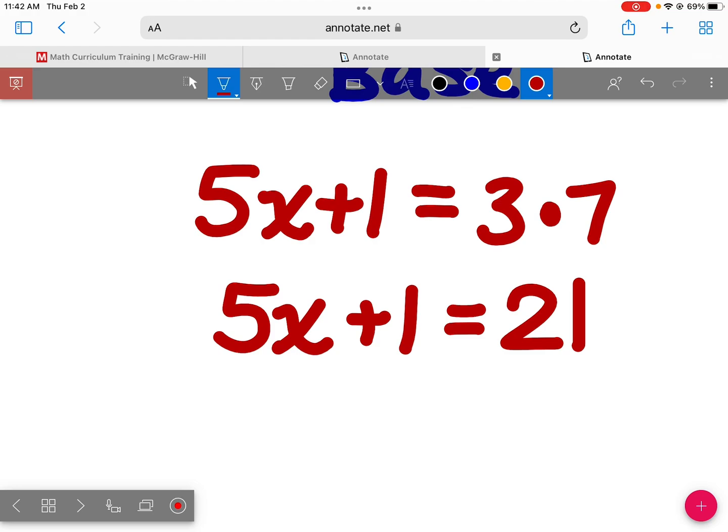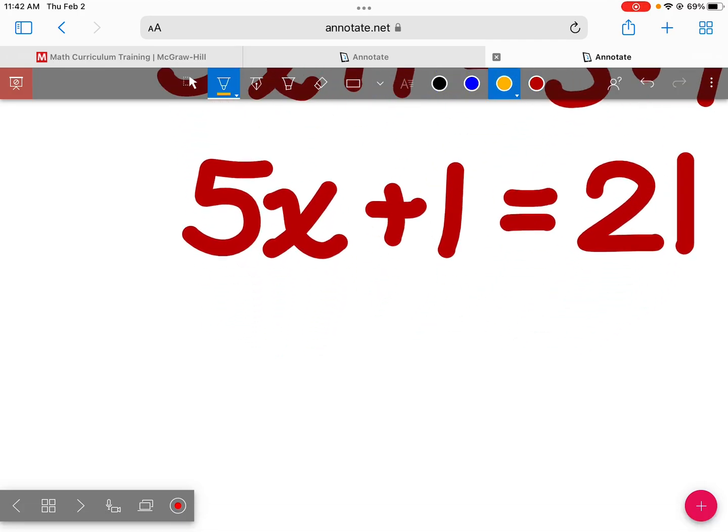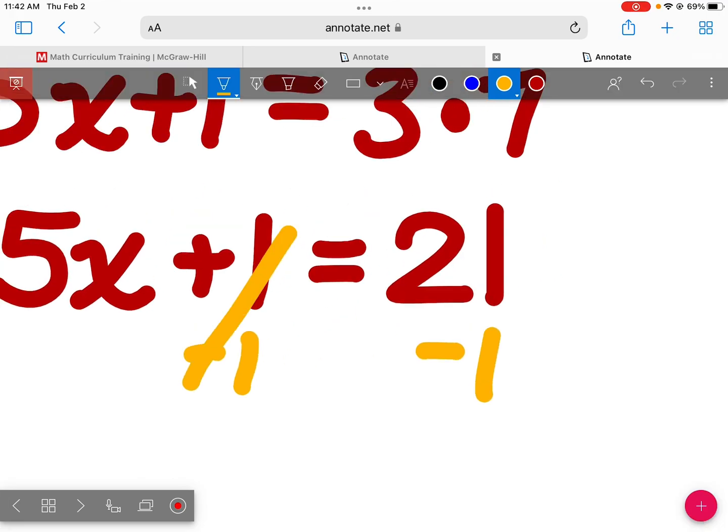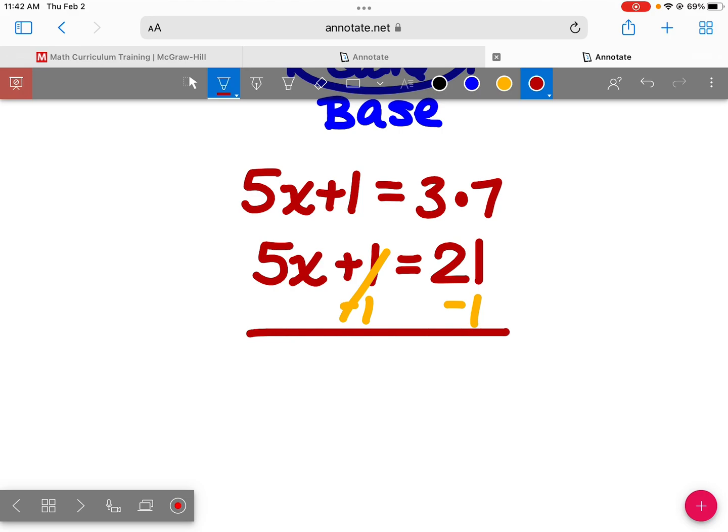What can I do now to get x alone? Minus 1 from both sides. So that would be 5x equals what? 5x equals 20. Stay with me.